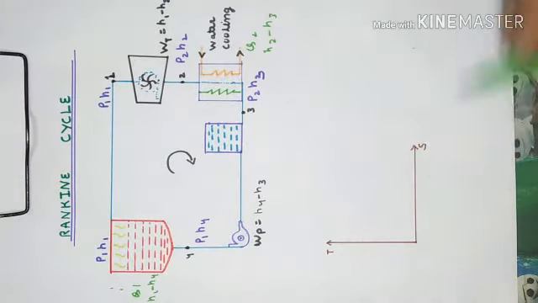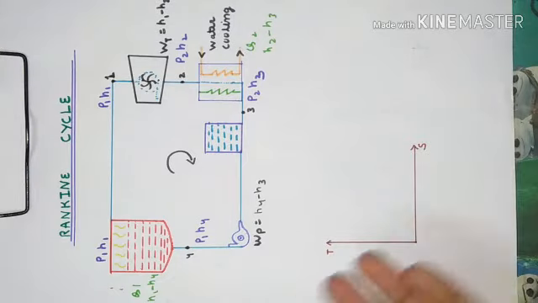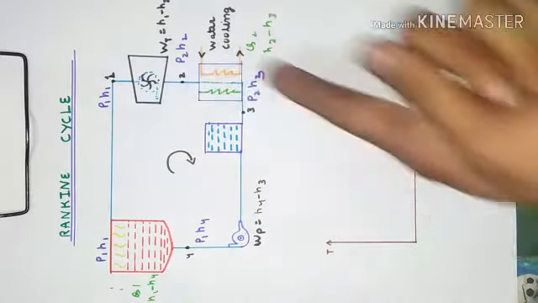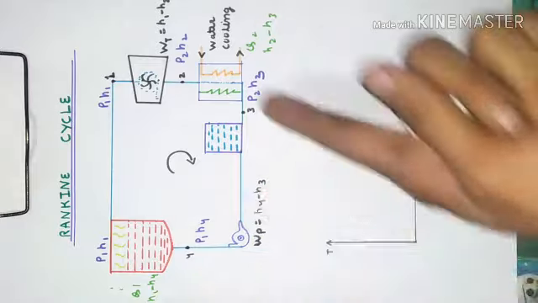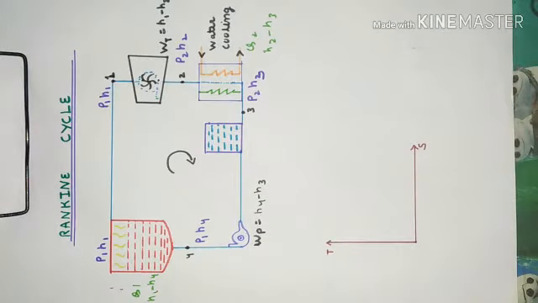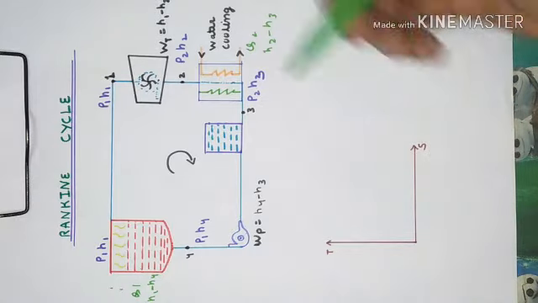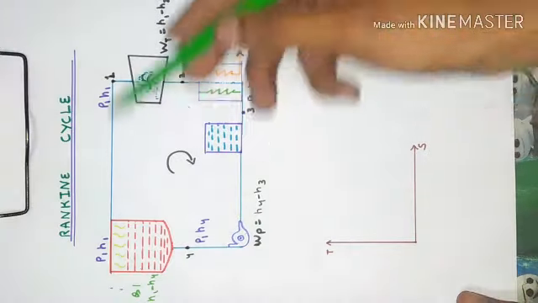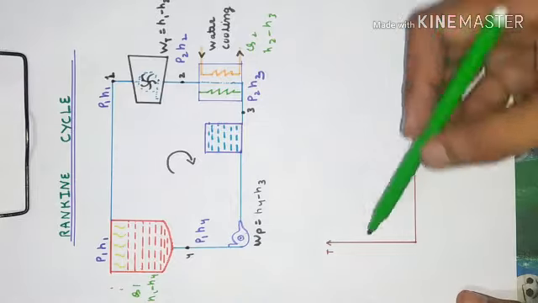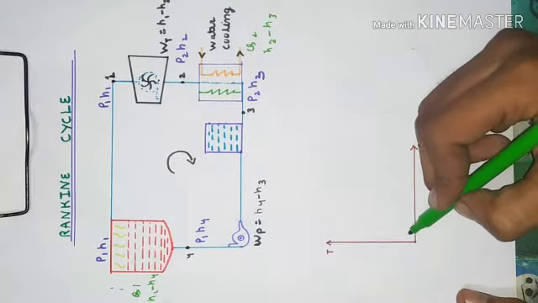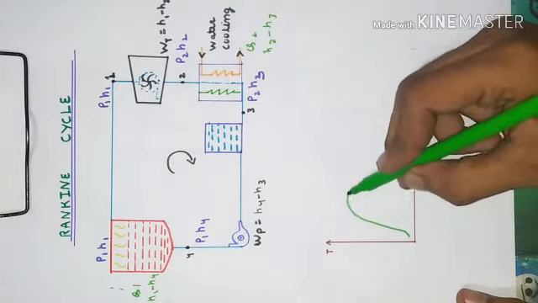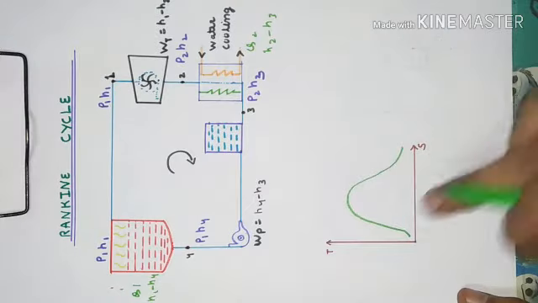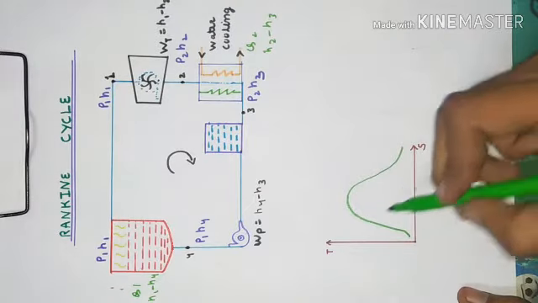And there is a TS diagram. We have to draw the TS diagram with the help of this thermodynamic cycle. By the help of this thermodynamic cycle, we draw the TS diagram. First of all, we draw a vapor dome.